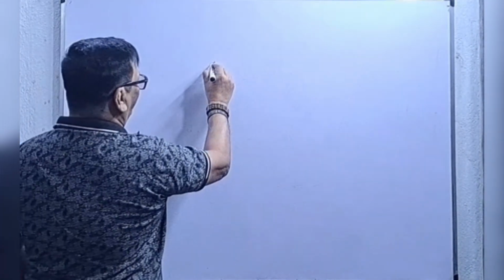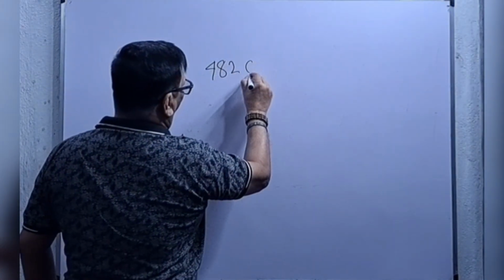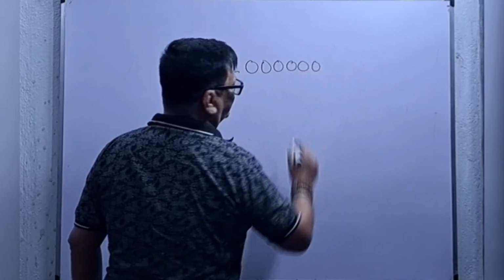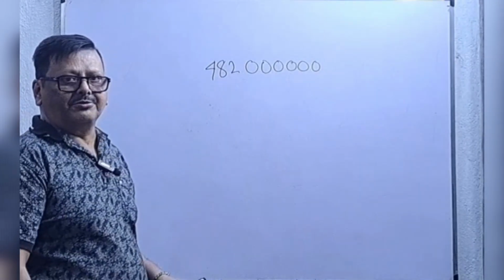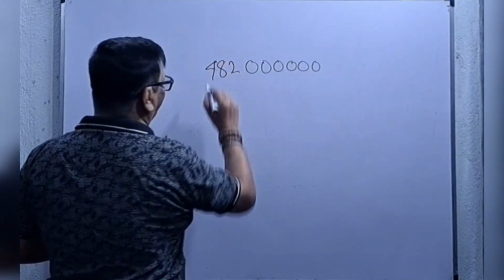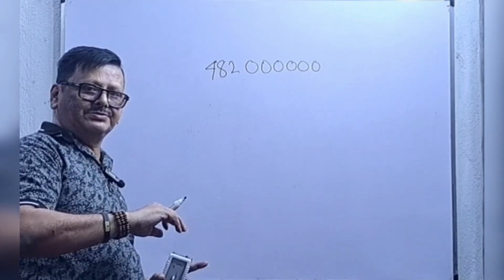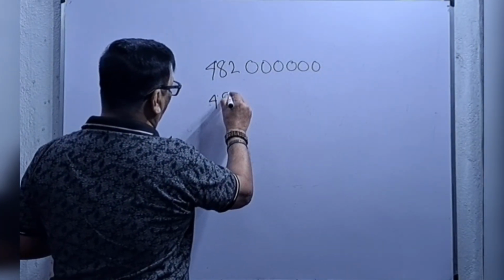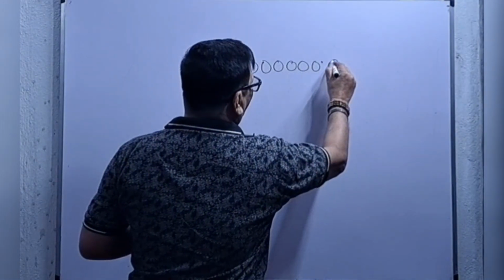Meaning thereby, if you multiply 7.8 by 1 followed by 7 zeros, you get this number. Correct? Suppose you got a number 482 followed by 1, 2, 3, 4, 5, 6 zeros. Now, if you want to convert it to standard form or scientific notation, we have to bring the decimal point here, because there should be one significant figure before the decimal point. So we write 4.82. Now what about the zeros? See here the decimal point is somewhere.